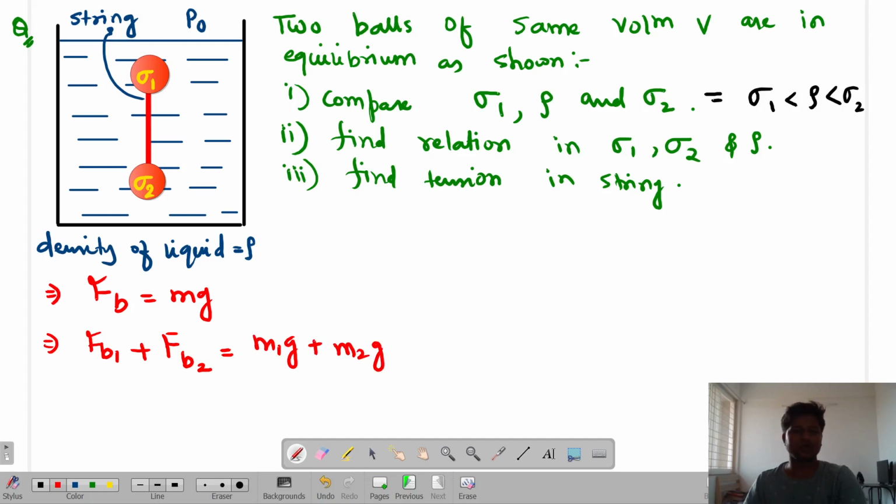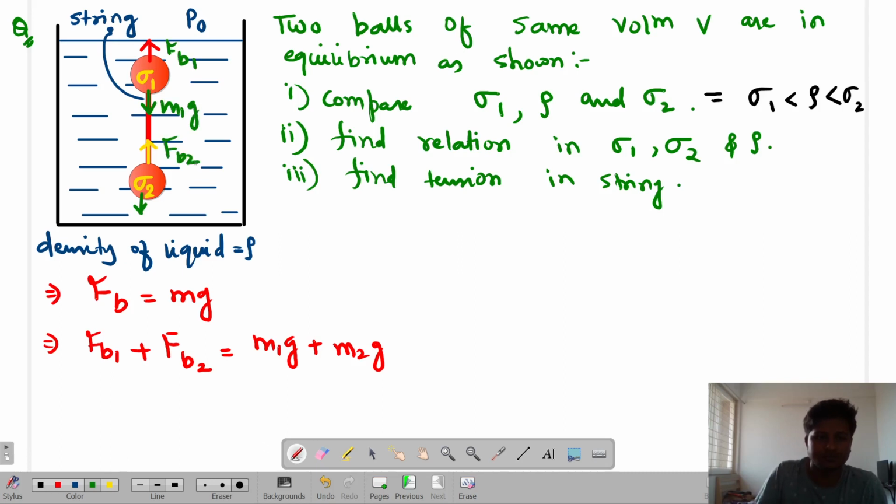For both of them, buoyancy force is upwards. Mg is M1g here, and tension is getting cancelled now for the whole system.